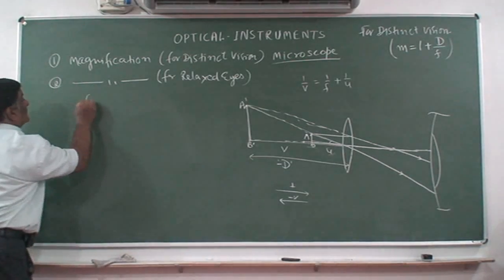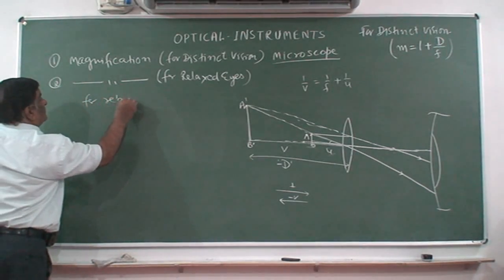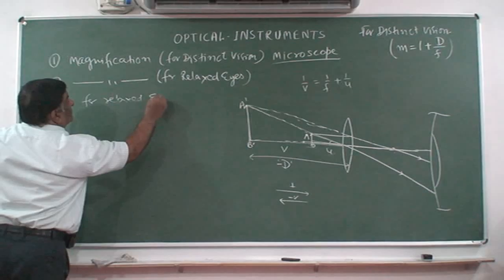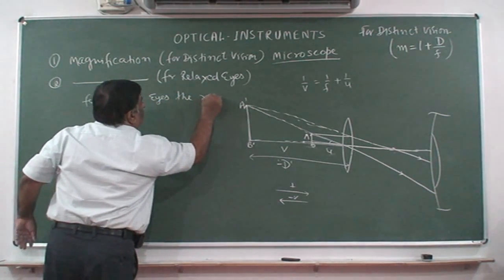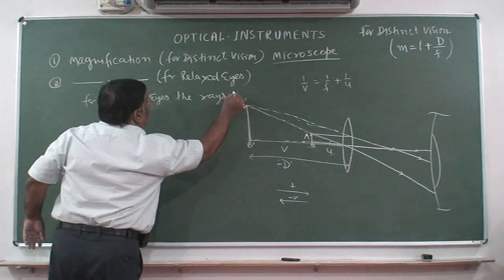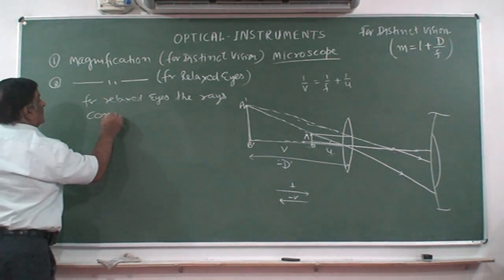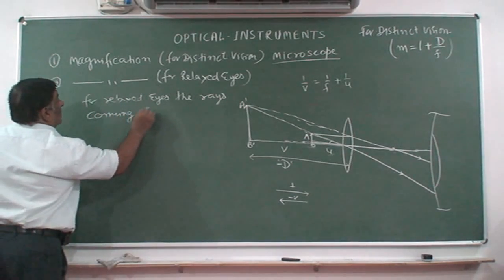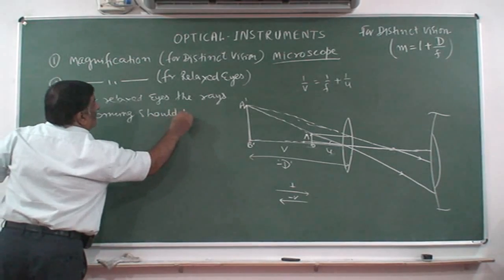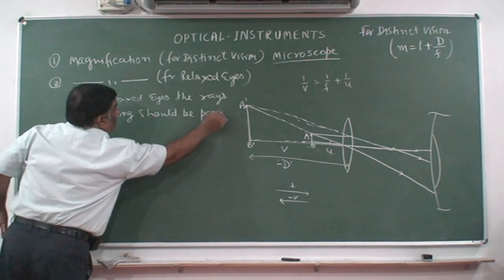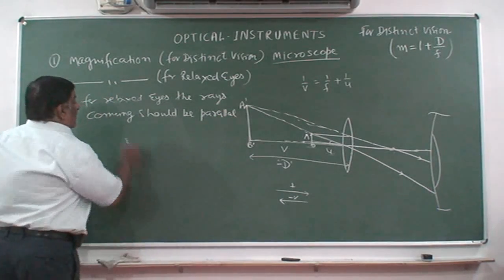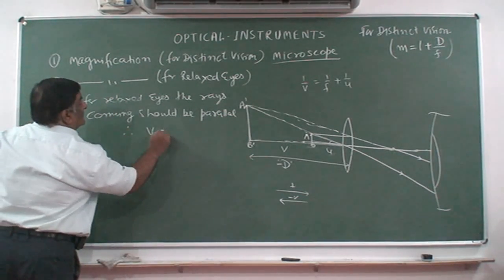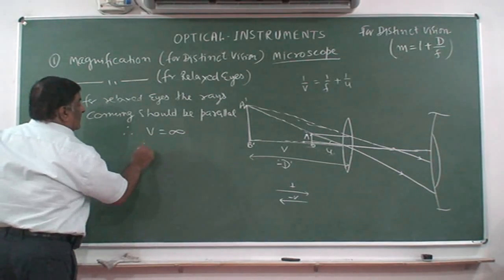So for relaxed eyes, the rays coming should be parallel. That is, V is equal to infinity.